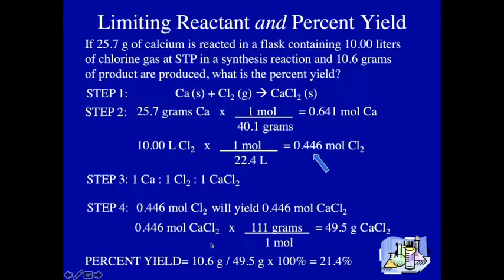The percent yield will therefore be my actual yield divided by my theoretical yield, which I did through my stoichiometric calculations, times 100%, which means I get 21.4% yield in this reaction. Not a great yield, to be honest. Most people in most processes would be trying for a much higher yield than that.